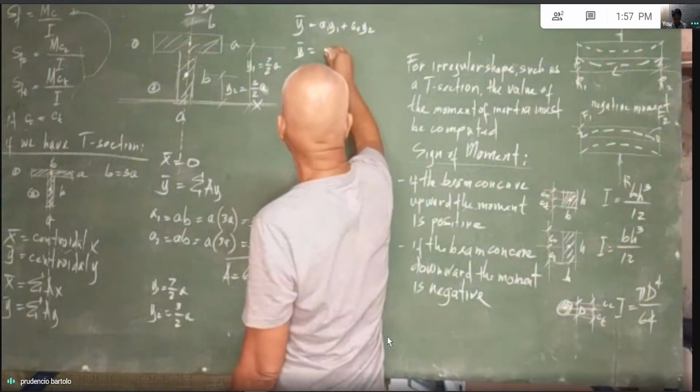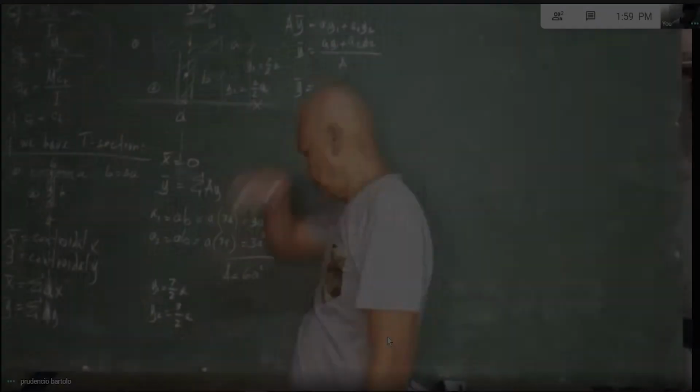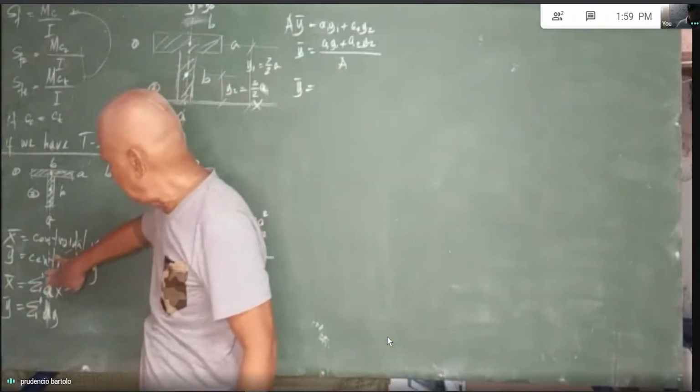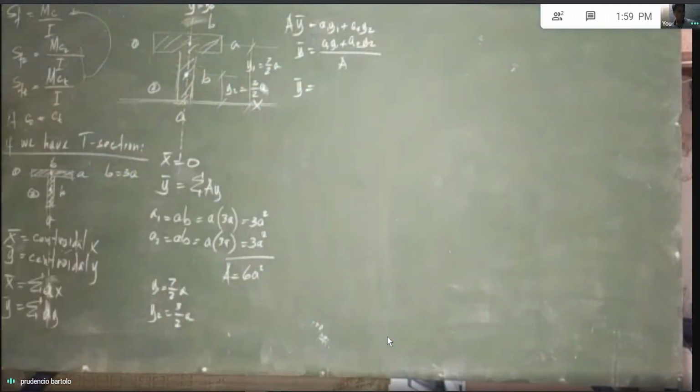So we have here that A times X bar is equal to the summation of Ax. A here is small letter a, and the A in here is capital A. So capital A Y bar is equal to the summation of Ay.